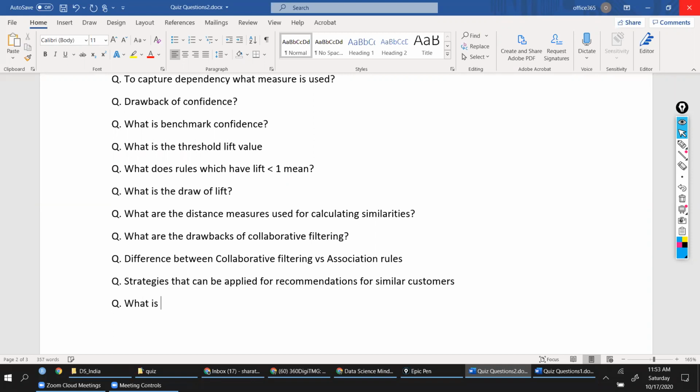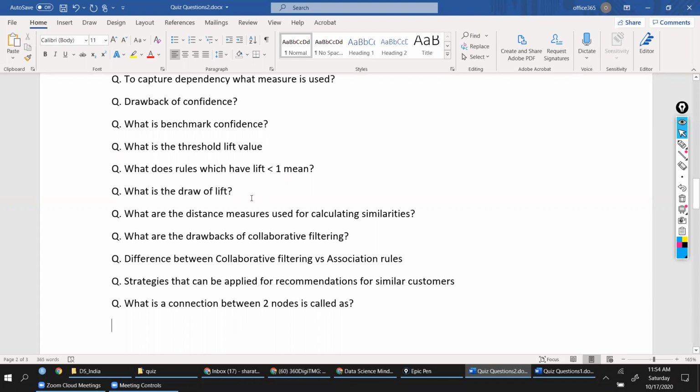My question is, what is a connection between two nodes called? Only a few people are answering.